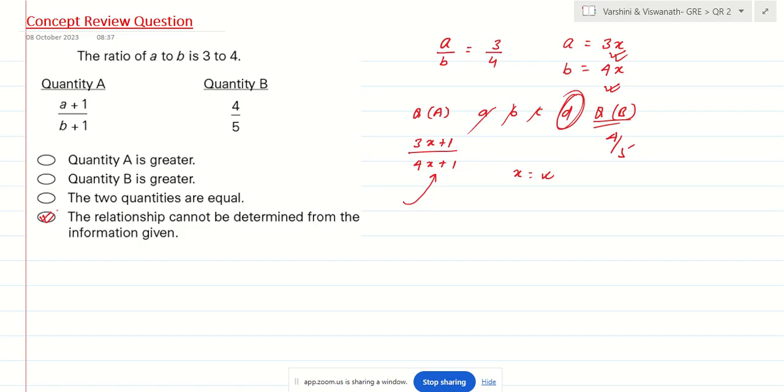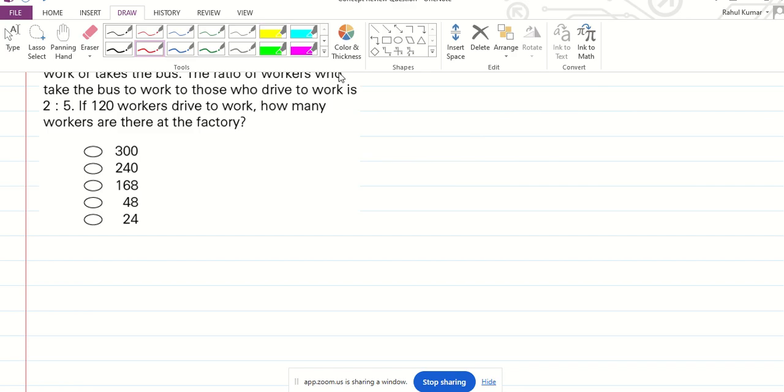Let's go ahead with this one. So easy, no? Very easy, I think. What is 120? It is given 2x and 5x, so 120 is the 5x.